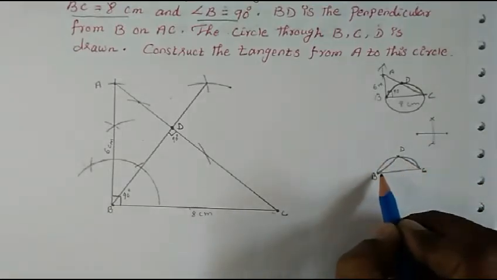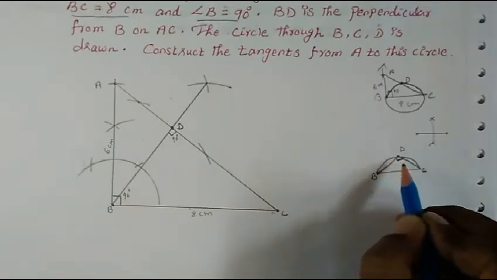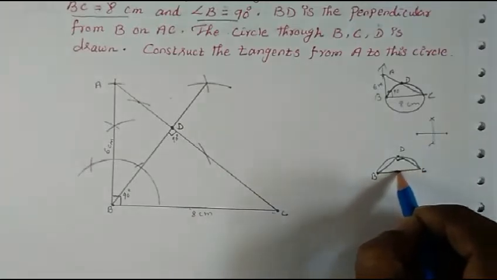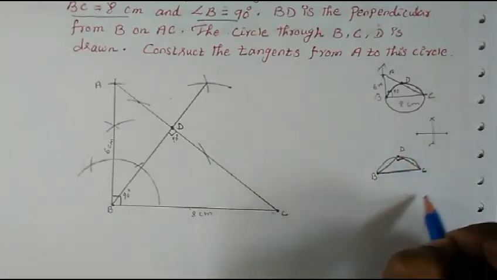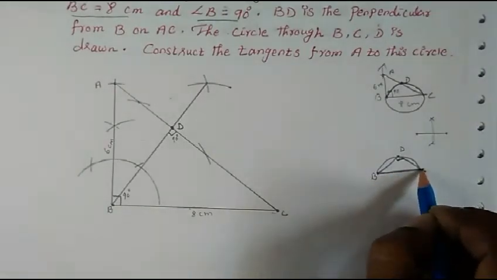Now we know that on a semicircle when an angle is formed it is 90 degrees. So if this is 90 degrees, opposite to that, this becomes the diameter of the circle.